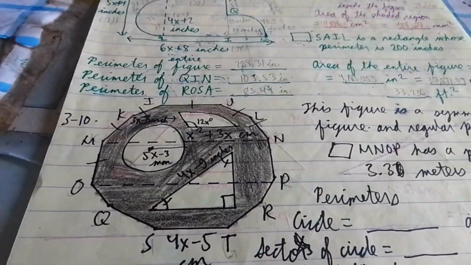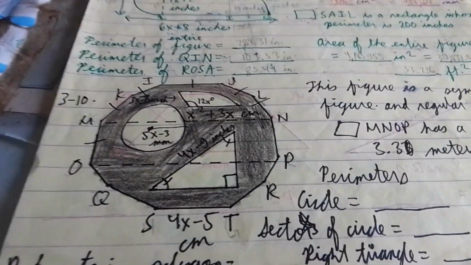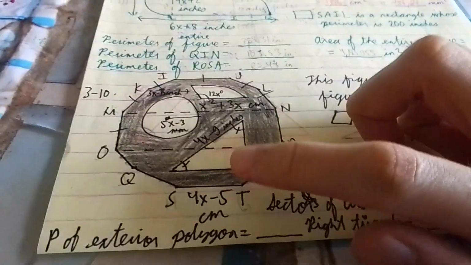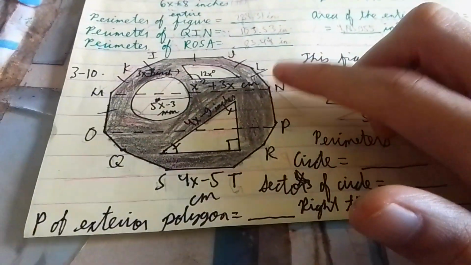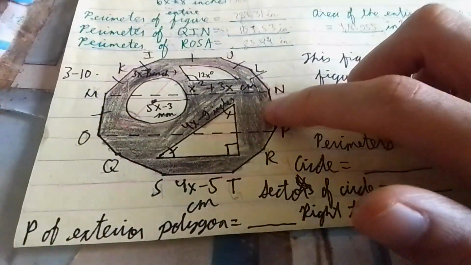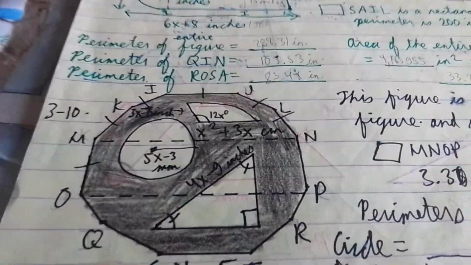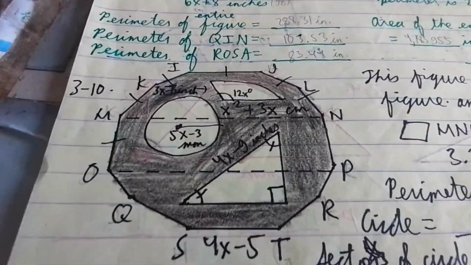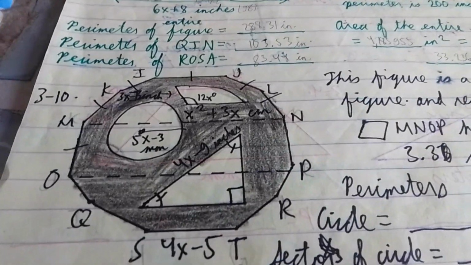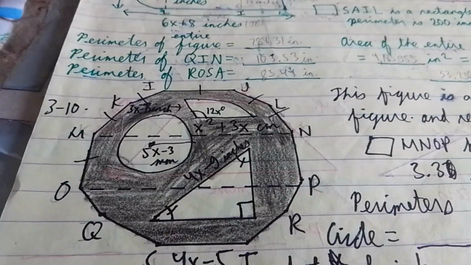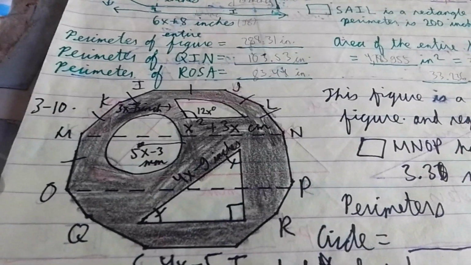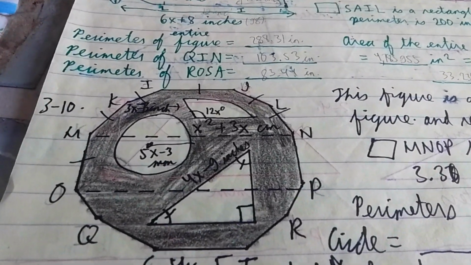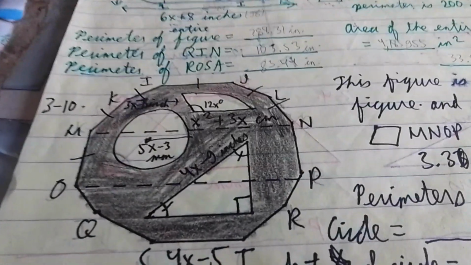If I were to get that rectangle, we know that, since this is a regular polygon, 4x minus 5 centimeters is here, right? But do you think it can also apply to all sides? Yes, it does, since by definition a regular polygon has all sides congruent. Moreover, if you look at MN, it measures x squared plus 3x centimeters.